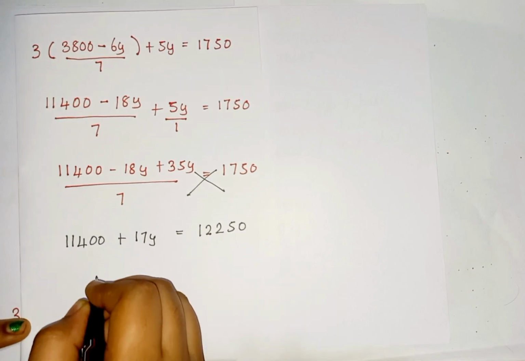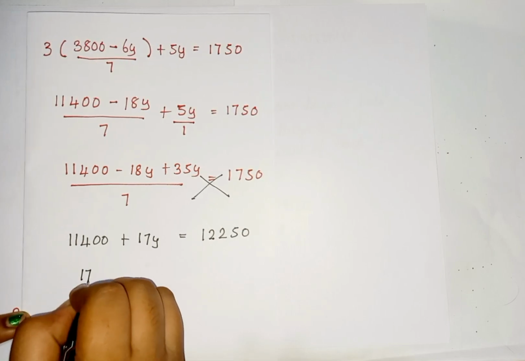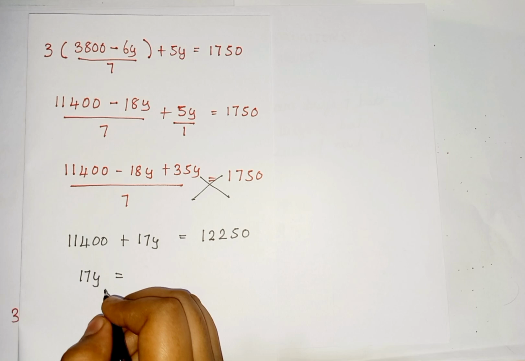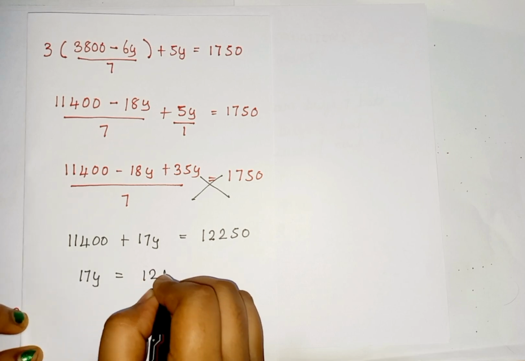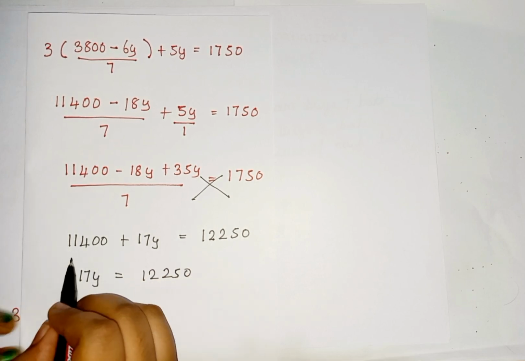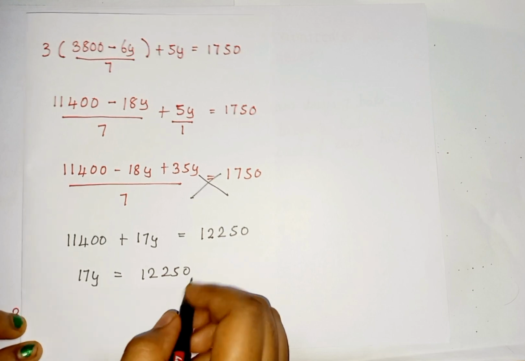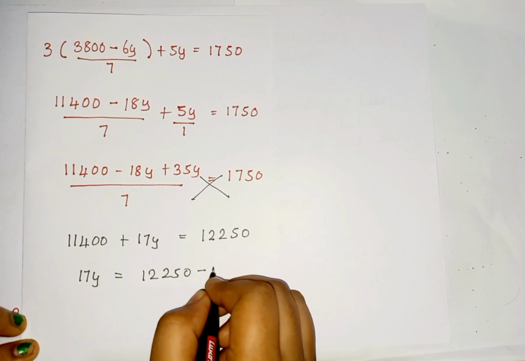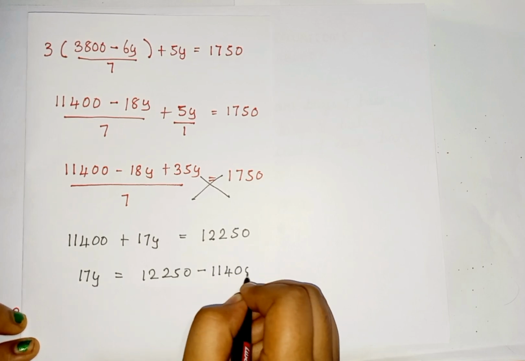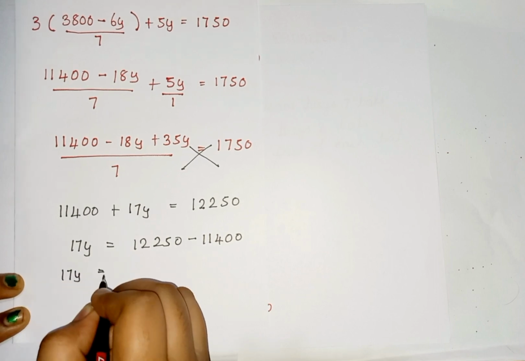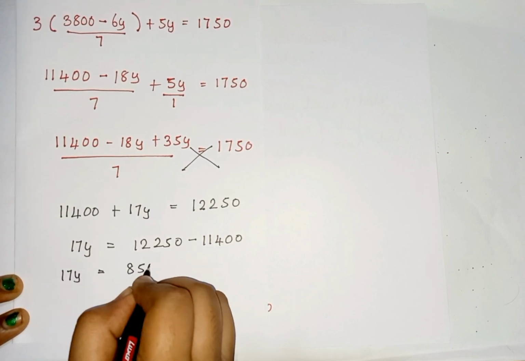So now we can write 17y is equal to 12,250, and here it is 11,400. It is in addition form, isn't it? So when it comes to this side, it changes into subtraction. So when we subtract them, we get 850.